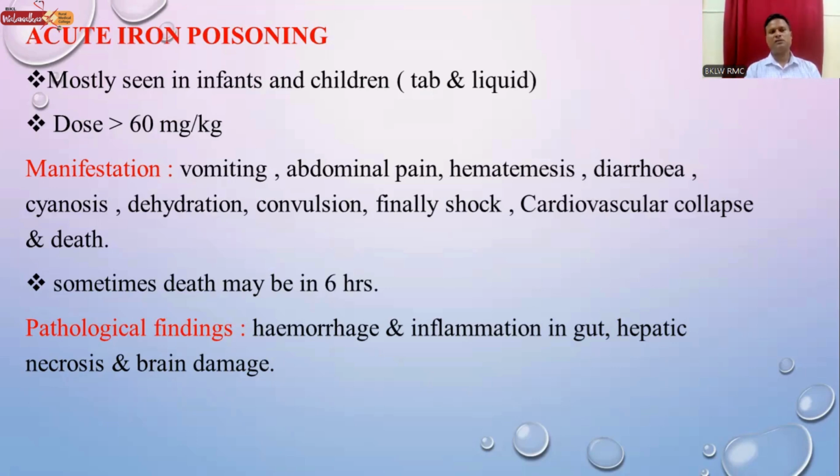Manifestations of acute iron poisoning are vomiting, abdominal pain, hematemesis, diarrhea, cyanosis, dehydration, convulsions, finally shock, then cardiovascular collapse and death. Sometimes death may occur as early as within 6 hours.